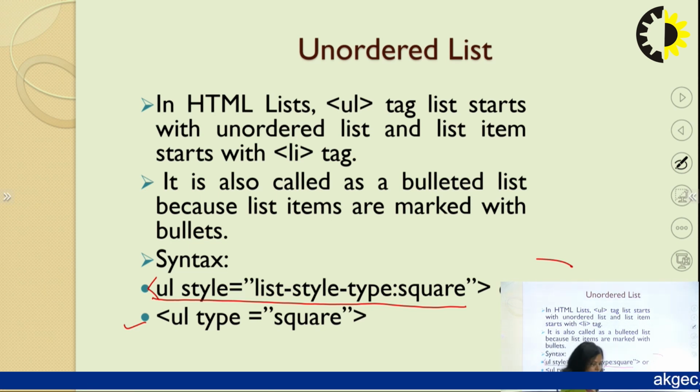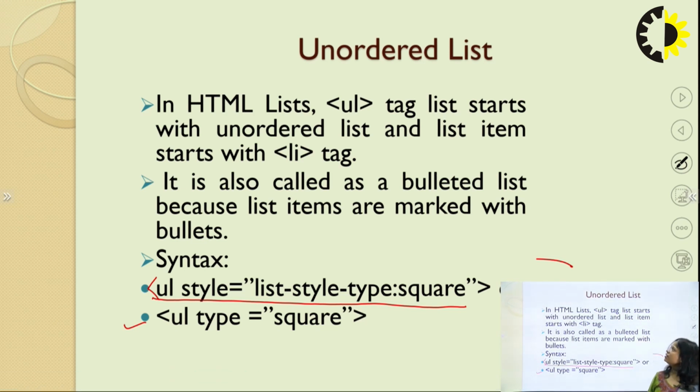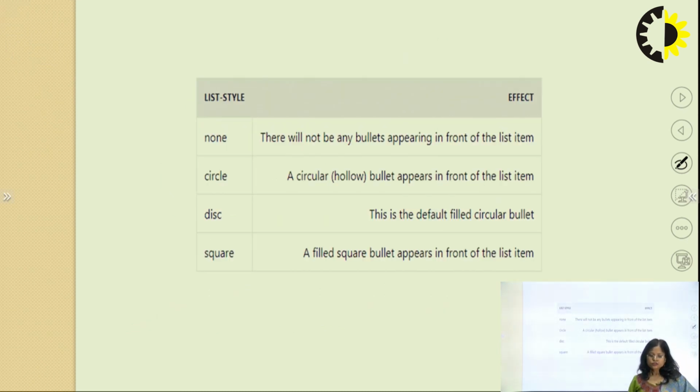So, first we will see how many types of unordered list are available in HTML. These are the different types of list style available. First one is none. None means there will not be any bullets appearing in front of the list item.